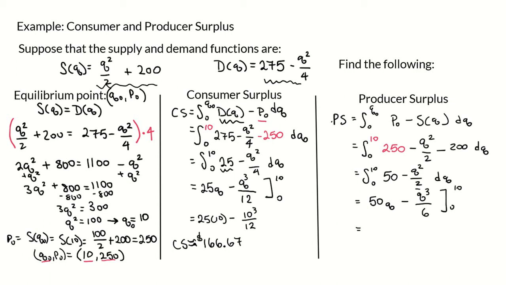So plugging in our q values, we get 50 times 10 minus 10 to the third over 6. And when we plug in 0, we just get 0 for both pieces. We're going to get that our producer surplus is approximately, because again we need to round, $333.33.